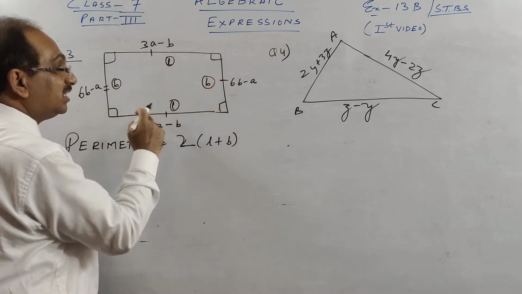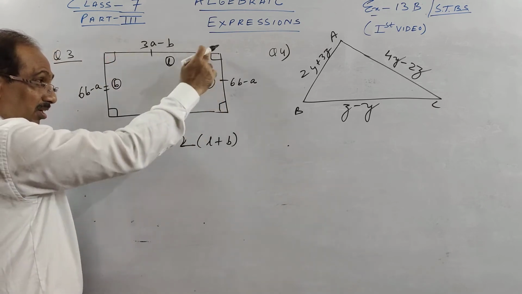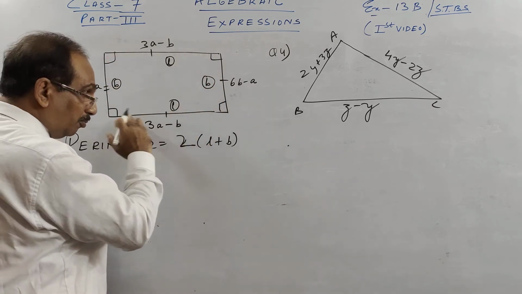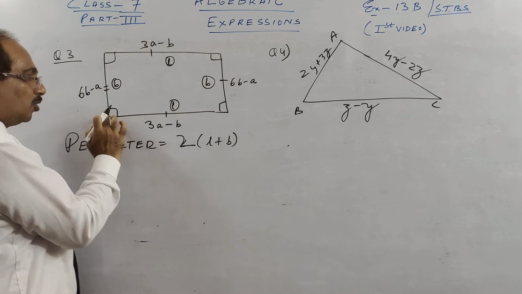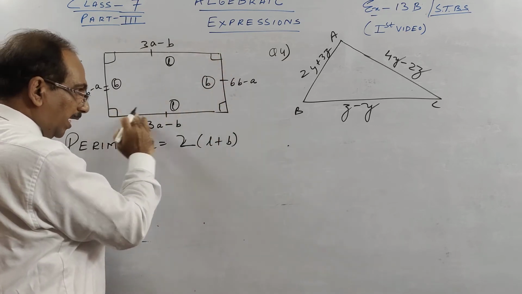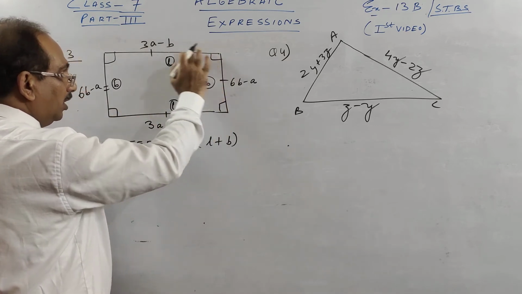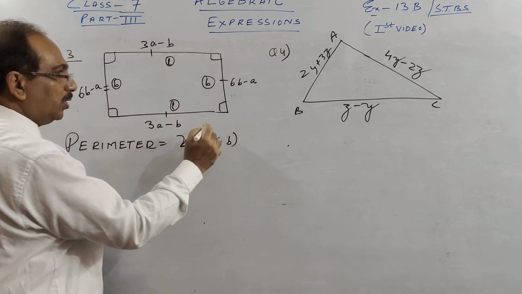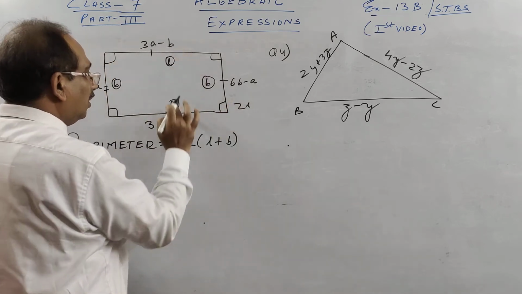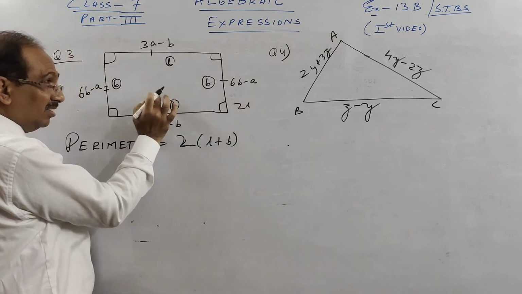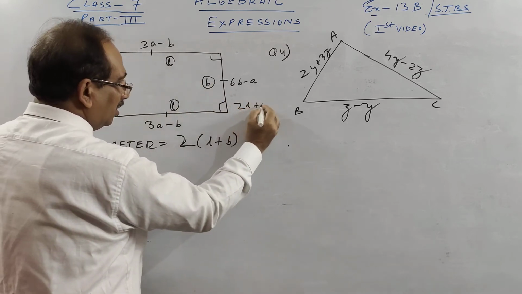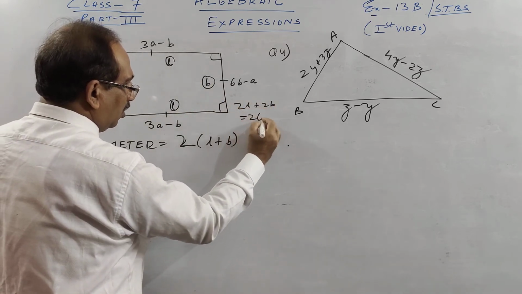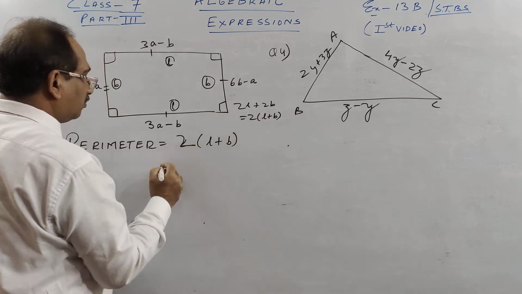Perimeter means the length of the edge, the boundary. So L plus L, 2L we get, and 2 lengths inside the rectangle and 2 breadths. When you take 2 common, the formula is 2 times length plus breadth.